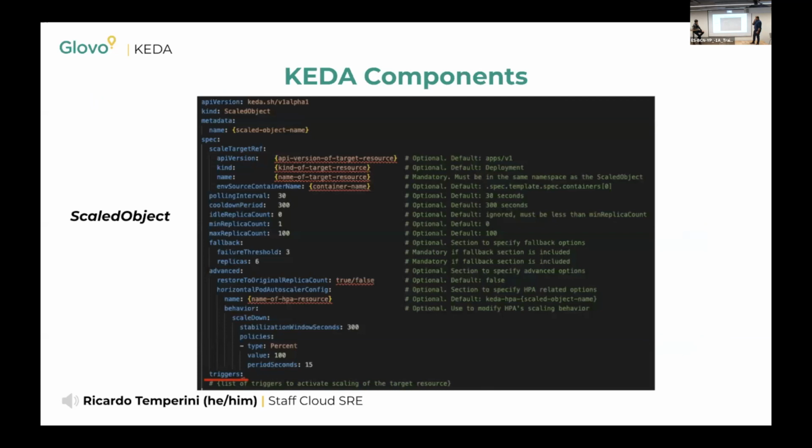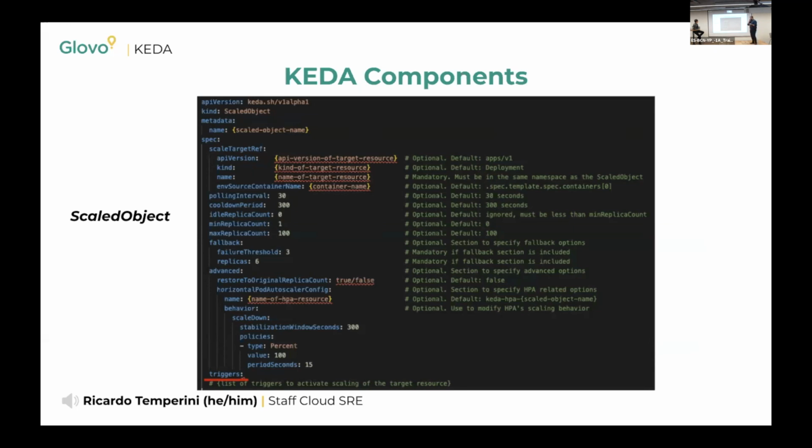If we look at the basic manifest of the ScaledObject, it is maybe quite big, but the most important thing here is that you need to define the type of workload that you are going to scale up. This is the scale target reference. Usually in Kubernetes, you define the API version, the kind of the object, and the name. Let's say you have a deployment and you want to scale it up, you just have to define the selector.